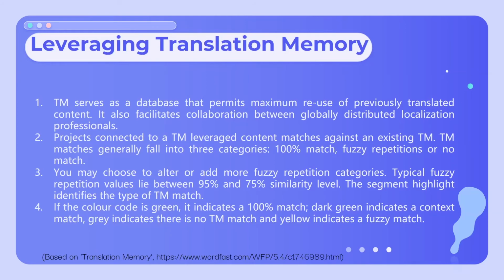For example, if the color code is green, it indicates a 100% match, while darker green will indicate a context match. Gray indicates there is no translation memory match, and yellow will indicate a fuzzy match.